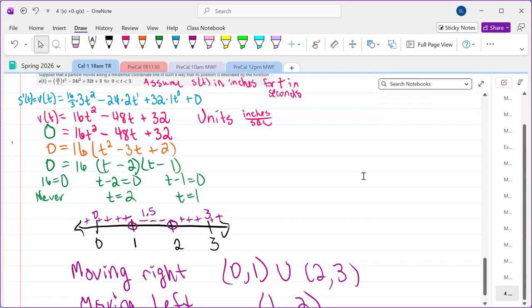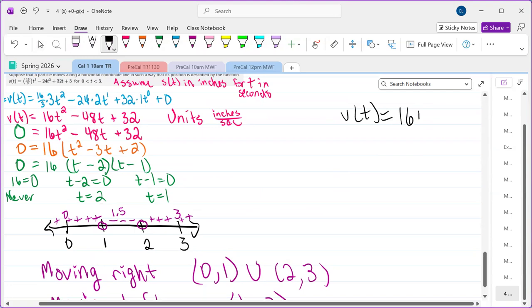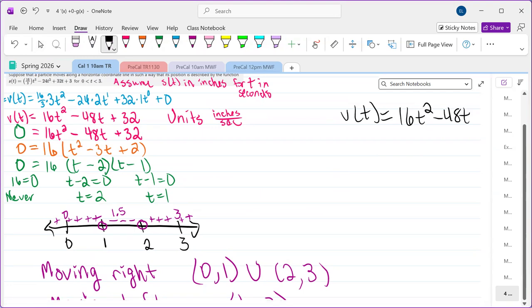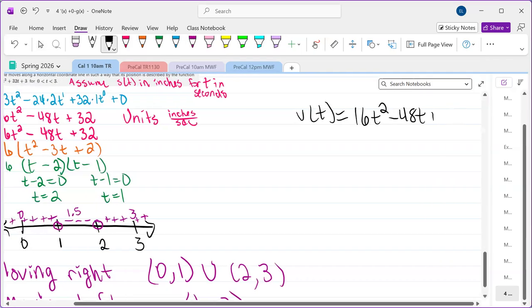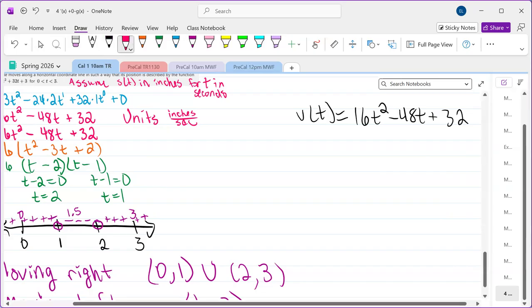All right, now we also need the acceleration function. So I'm just recopying my velocity function. And then acceleration is the derivative of velocity.